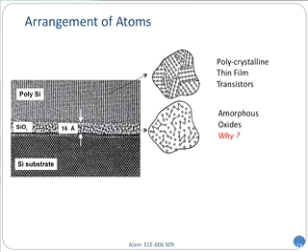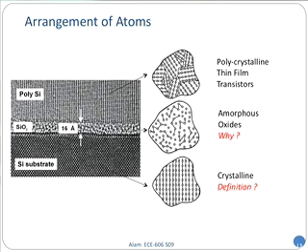The other material, which is like a liquid in terms of random orientation, is the amorphous oxide. Without this, modern electronics would be impossible. And the third one is, of course, the crystalline semiconductor, ordered in nice arrays. Now, let's start with crystalline semiconductors, well ordered, and try to define them.